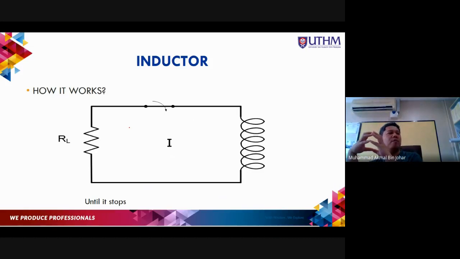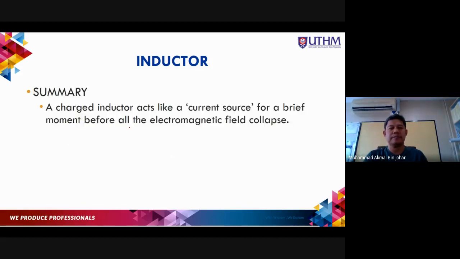When there is no more power source, this charge can turn into a certain potential value and make current flow nicely inside the load circuit. So a charged inductor acts like a current source for a brief moment before all the electromagnetic field collapses.